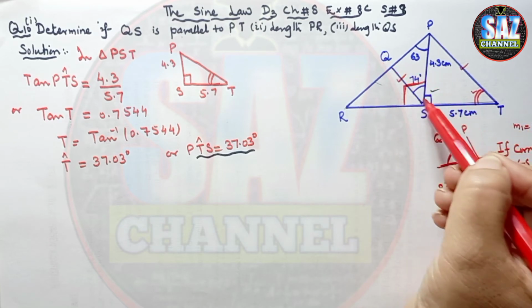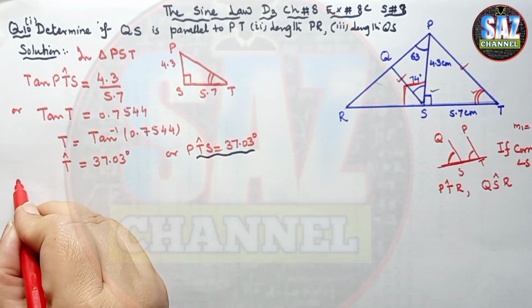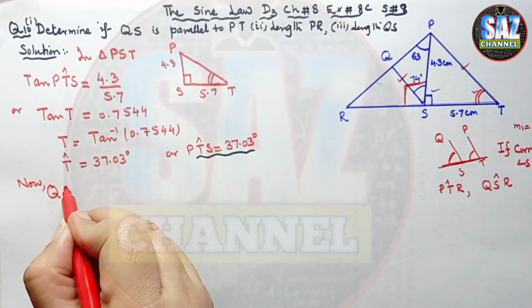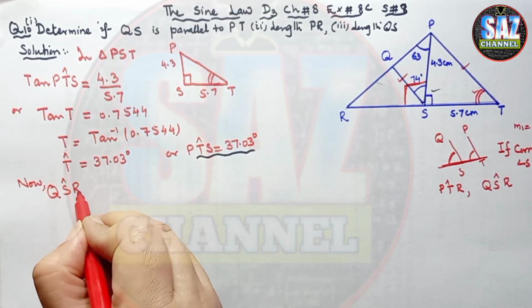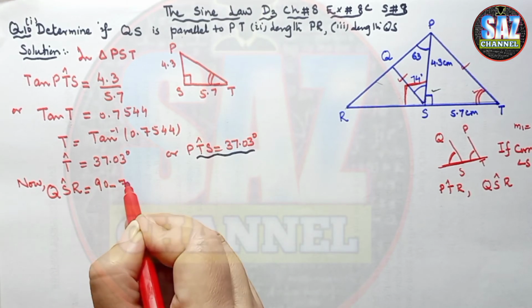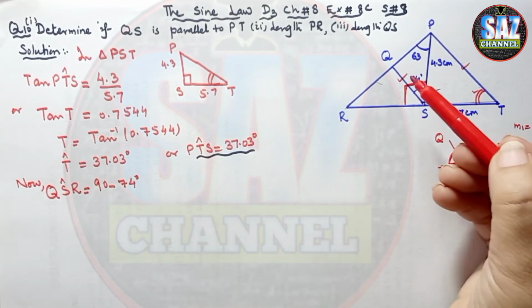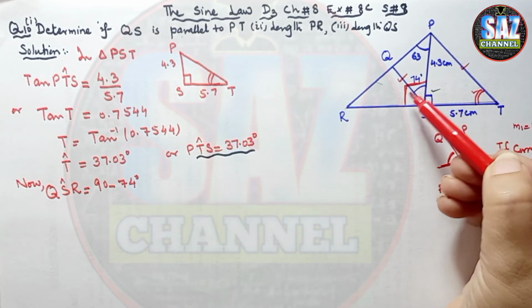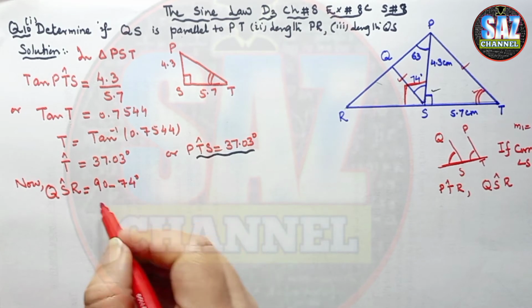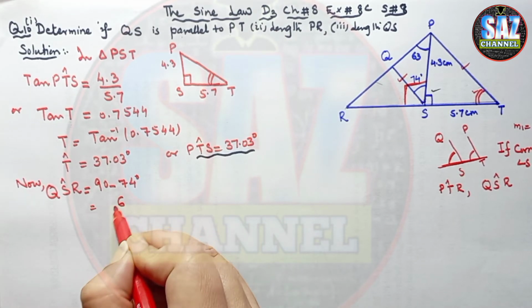Now QSR angle equals 90 minus 74. Concept of complementary angles. This whole is 90 degrees. This is 74 degrees. If the basic lessons from D1 are clear, then the next lessons and concepts will not be difficult for you. 9 minus 4 is 6.